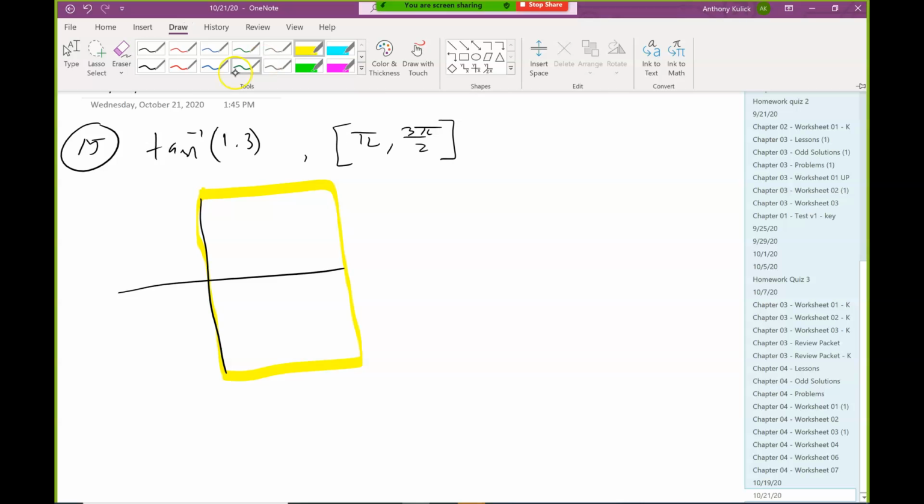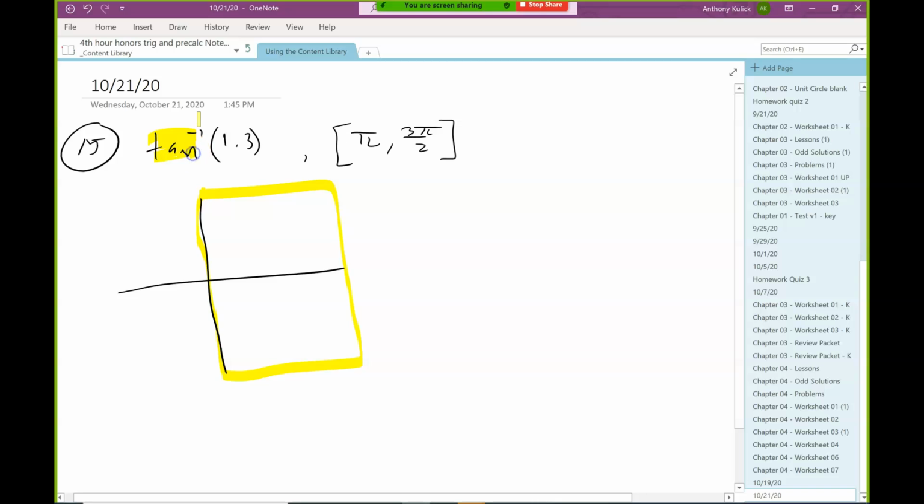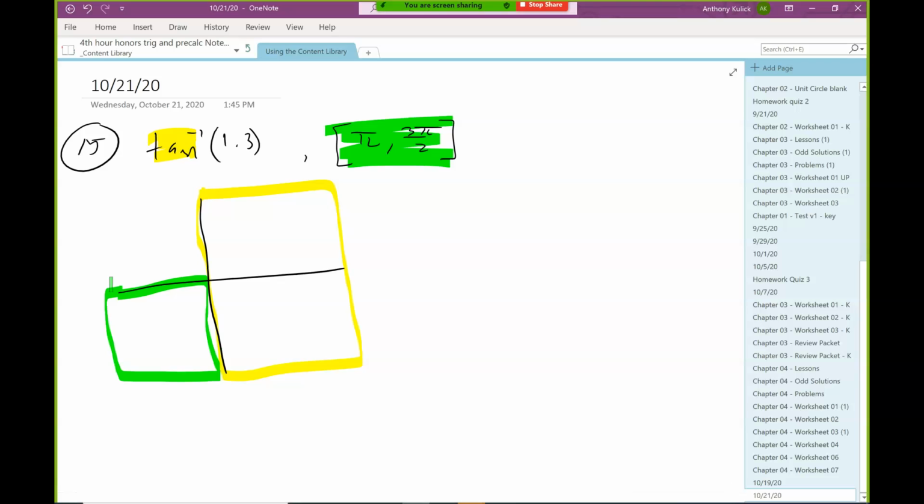Yeah. Okay. So I know that just because the range for tangent inverse is that. The answer I'm looking for is here between pi over 2 and 3 pi over 2. That's quadrant 3. Are you good with how I figured that out? Yeah. Does anybody else want to ask a question about how I figured that out before we move forward?